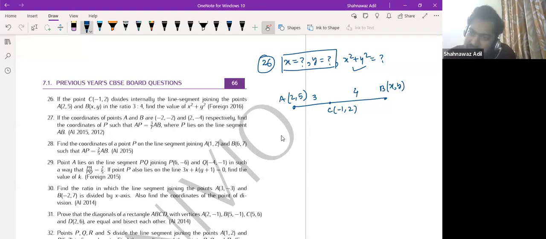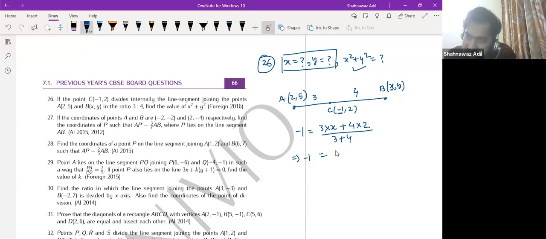So if we calculate this, minus 1 would be how much? This would be m, right? M is 3, into x2. In our case, x2 is x, plus n x1, which is 2, divided by 3 plus 4.